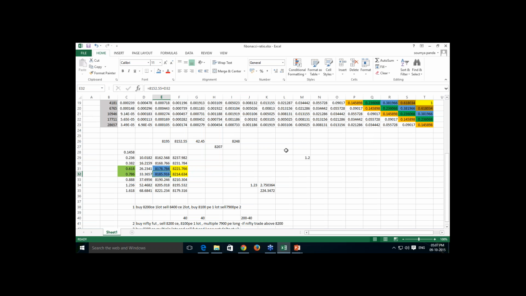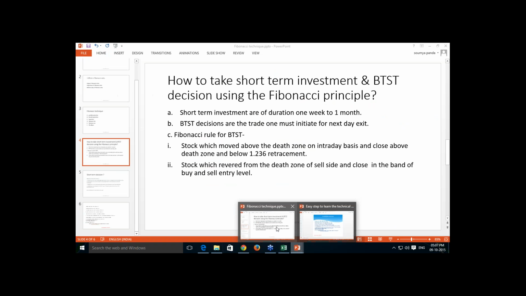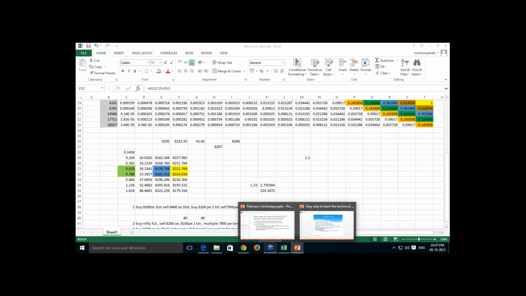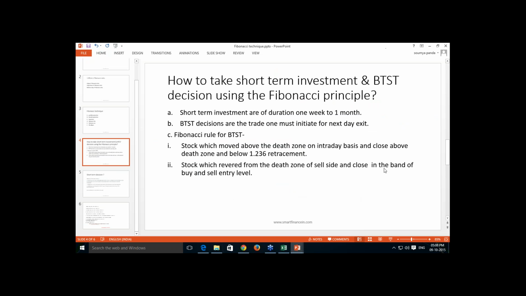I closed at 8195. My 1.236 retracement is 8205. As per this rule, what decision would you give me? Should I take it as a BTST decision or not?